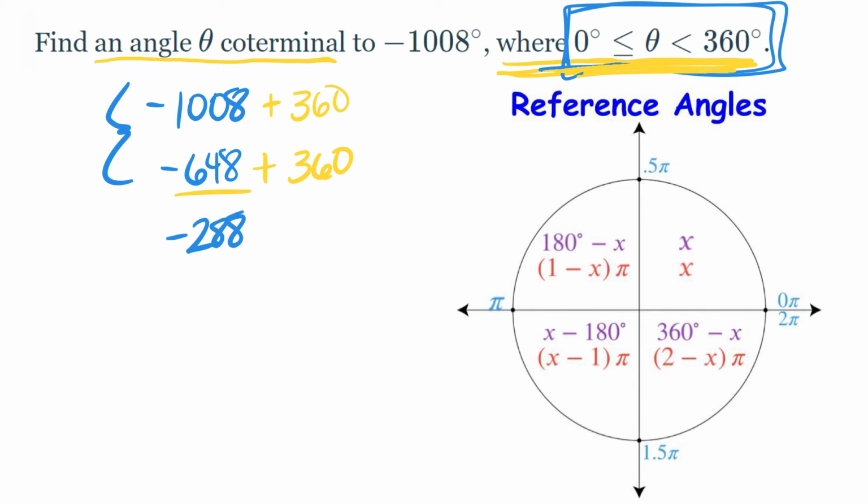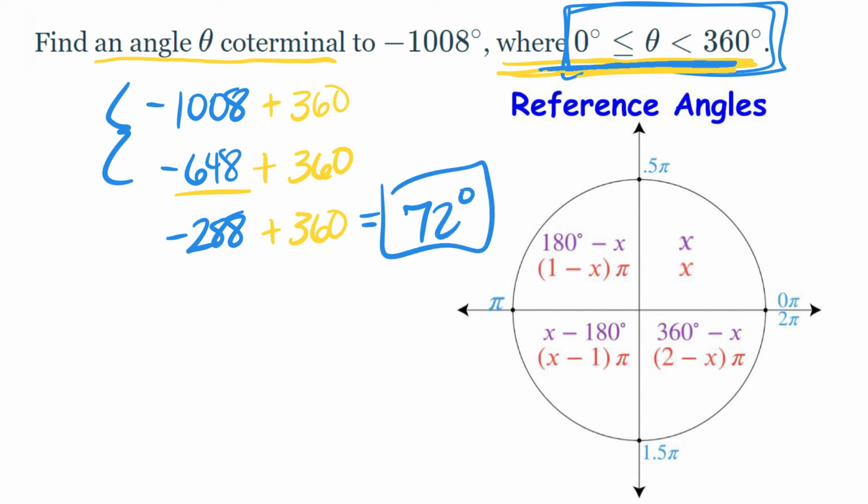Again, this is a coterminal angle, but it is not the coterminal angle that they are looking for. So we add 360 one more time. And when we add 360, we are now at 72 degrees. And 72 degrees is between 0 and 360. So this is the coterminal angle that they were looking for.